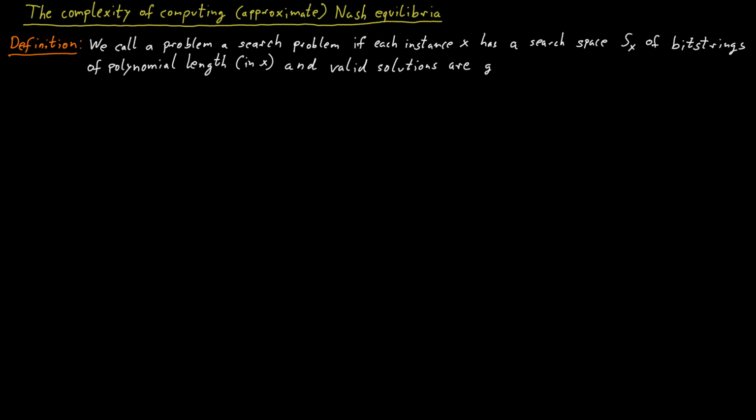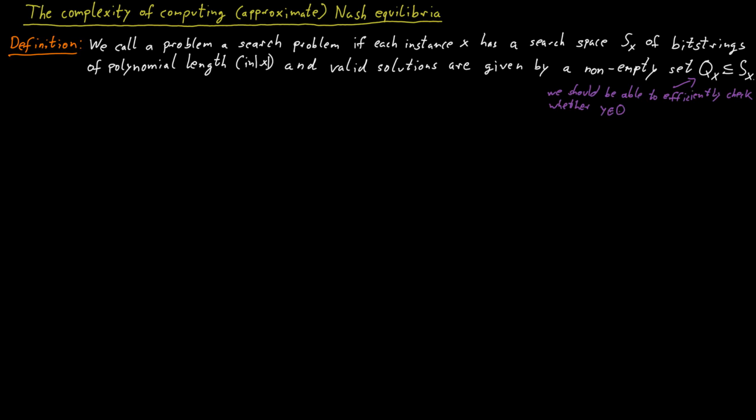And valid solutions are given by some non-empty subset of this set Sx, and we call this set, say, Qx. So those are the valid solutions. And there's an additional technical requirement here, which just says that it should be possible to efficiently check whether a given bit string is in this subset Qx or not.